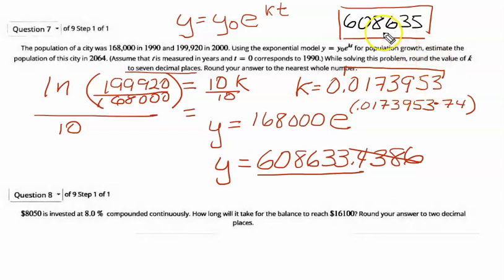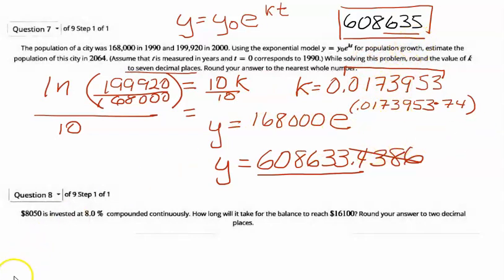So that's why the answer up there is slightly different. Now, I didn't put this into the certify. If I had, they would have counted it wrong. This is the correct answer because we're rounding our K value to 7 places as opposed to saving it. So that's why you need to be careful. And on a test, I would give, of course, partial credit for this. It would just be a rounding error.